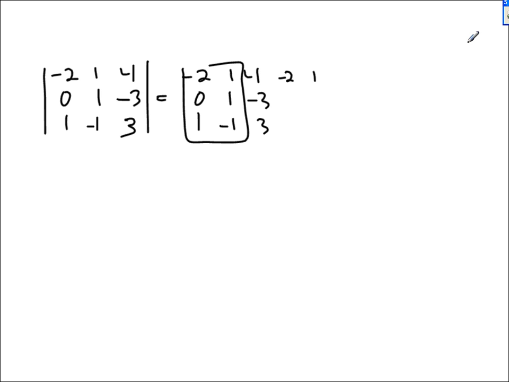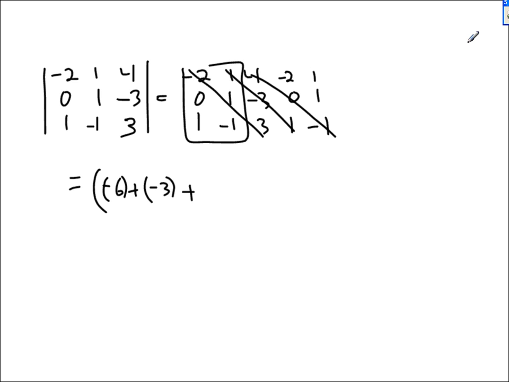Those two columns go at the end. Multiply those numbers, you get what you get, plus you multiply those three numbers, you get what you get, plus you multiply those three numbers, you get what you get. Minus. Now you go the other way.